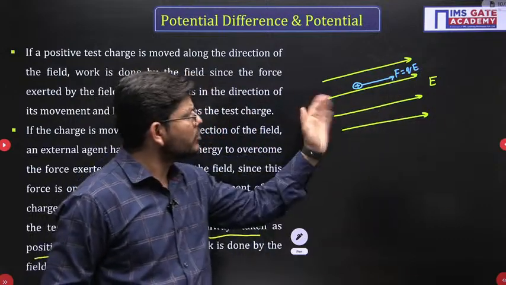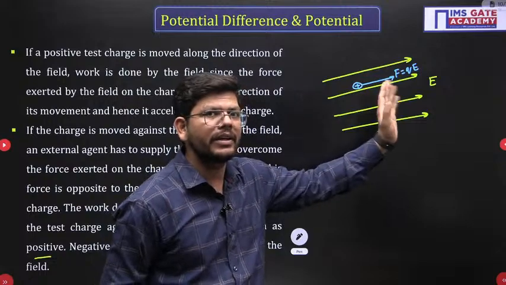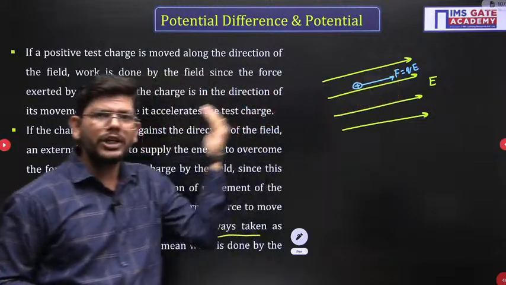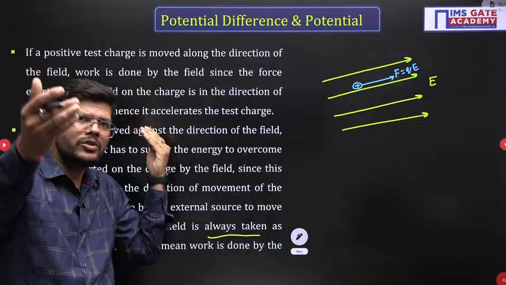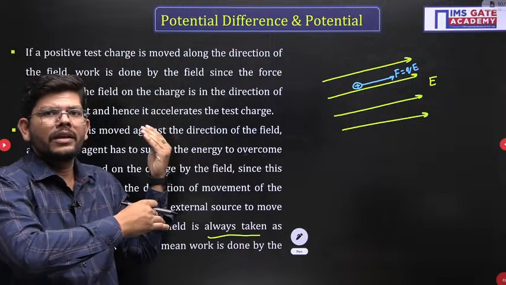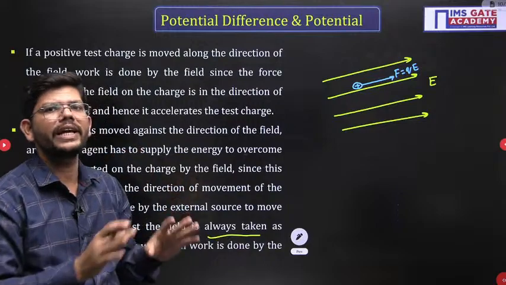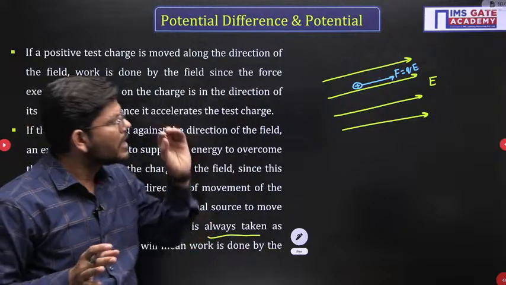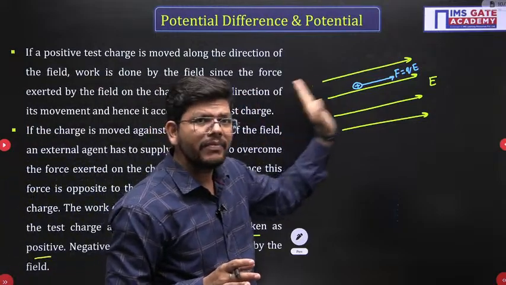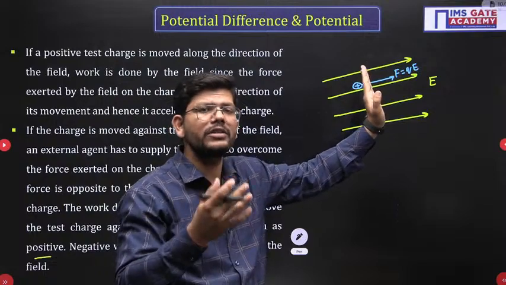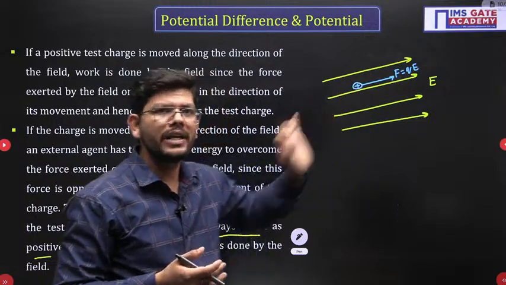So work is being done by the field. If you want to move it opposite to the direction of the field, an external source needs to supply energy, isn't it? And that work which is done by the external source, we will take as positive. And that work which is done by the field, with respect to the external source, will be negative.